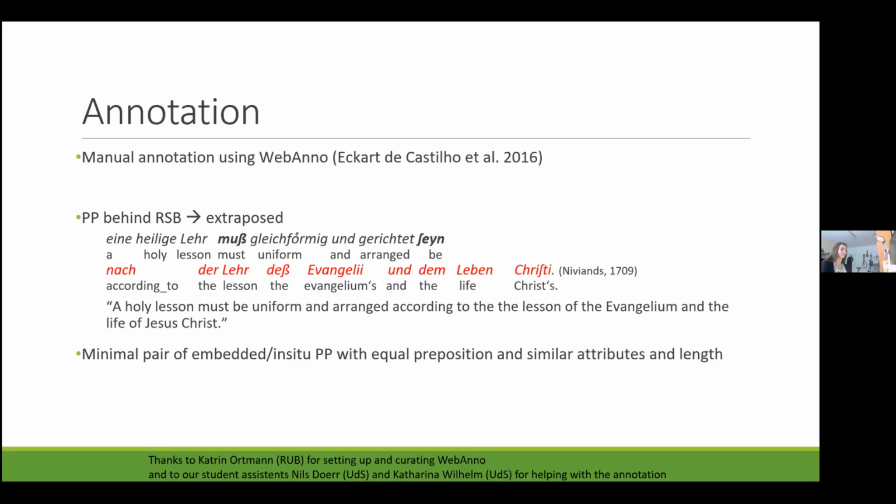When the prepositional phrase is behind the right sentence bracket, we called it extraposed. This was the first step we did. In a second step, we looked if we can find a minimal pair of embedded prepositional phrases which had the same preposition and at least similar attributes, or at the very least a similar length. This was not possible in every case, and here you have the explanation why the numbers of embedded and extraposed prepositional phrases don't exactly match.